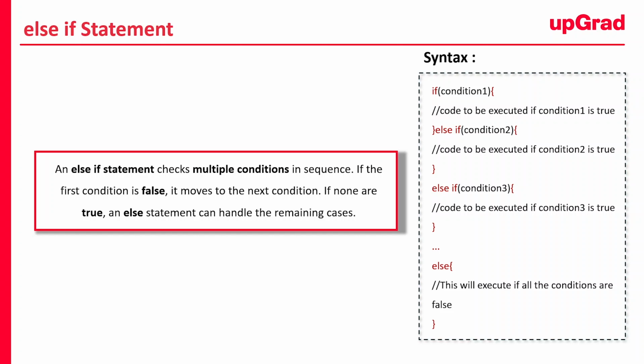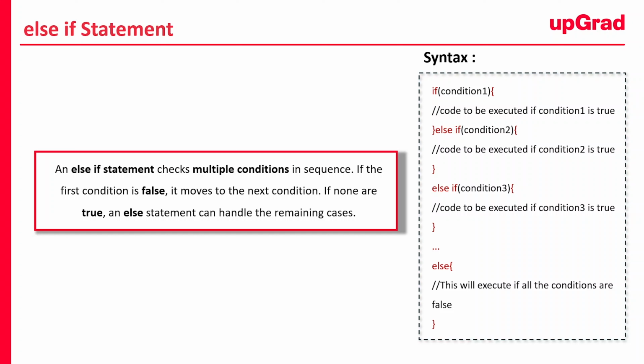If the first if condition is false, the program moves on to check the else if condition. If that's true, it runs the corresponding code. If neither condition is true, you can even follow up with an else statement to handle anything that doesn't match. In short, else if is used to add more choices and handle more possibilities when one condition isn't enough.